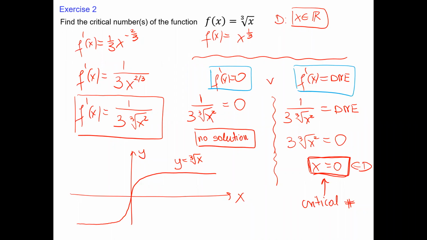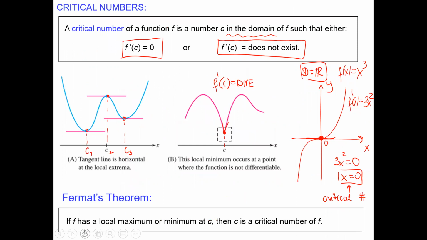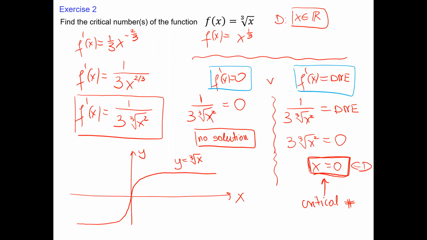At 0, x cubed had a horizontal tangent. Now, cube root of x is the inverse, so at 0 we have a vertical tangent.